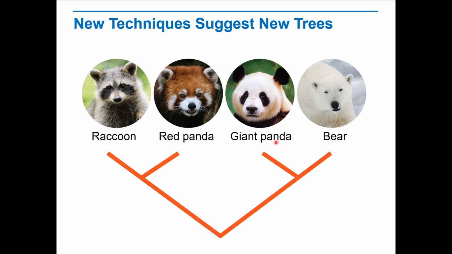The giant panda is fairly closely related to a bear. The red panda is more closely related to the raccoon. This different clade also includes other organisms, such as seals and weasels.